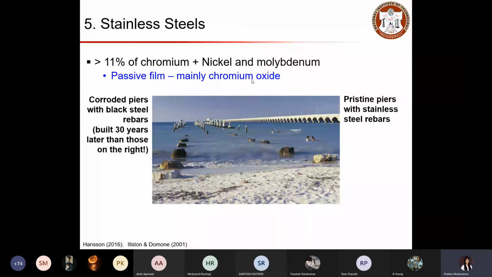That is very stable, and that helps you to prolong the corrosion initiation. So when your steel has more than 11% of chromium plus nickel plus molybdenum, this enhances the resistance to corrosion.